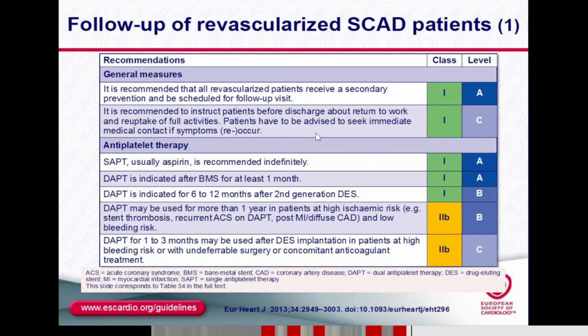Patients have to be advised to seek immediate medical contact if symptoms occur or reoccur. Antiplatelet therapy. Single antiplatelet therapy, usually aspirin, is recommended indefinitely.